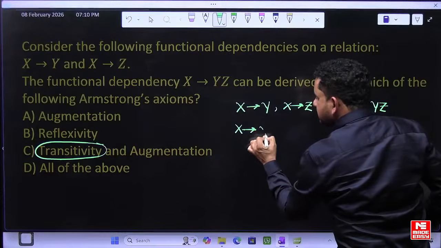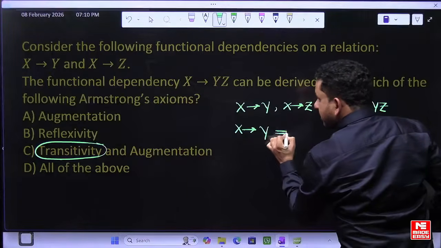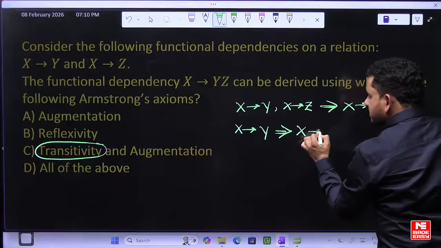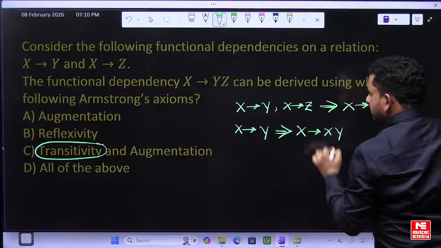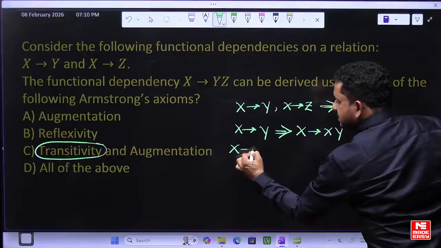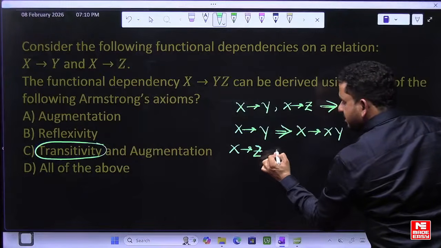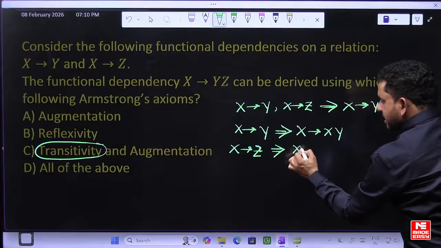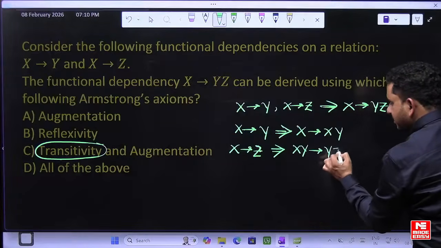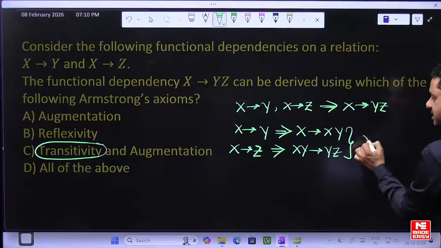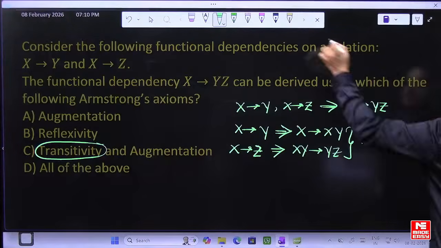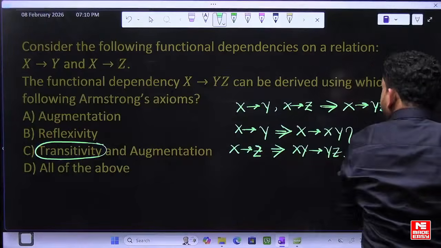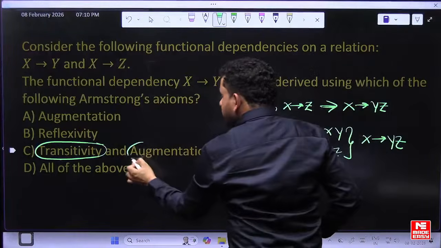Assume X determines Y. If you apply augmentation, X determines XY. Then X determines Z. If you augment Y to both sides, it becomes XY determines YZ. Then if you apply transitivity, X determines YZ. So it requires two things, transitivity and augmentation.